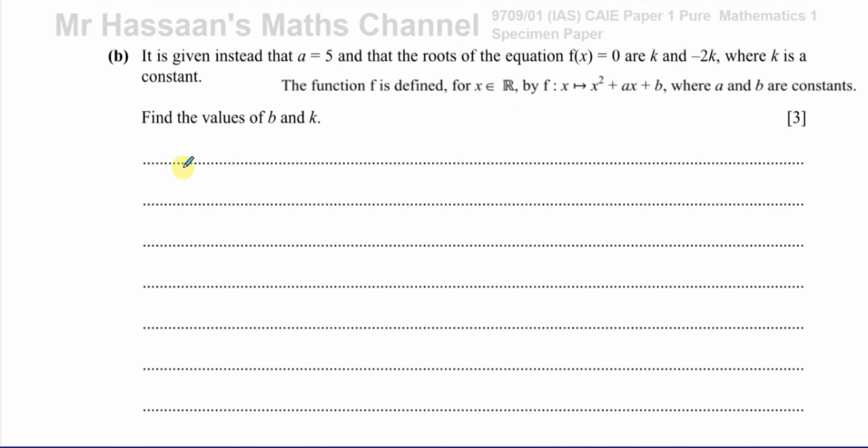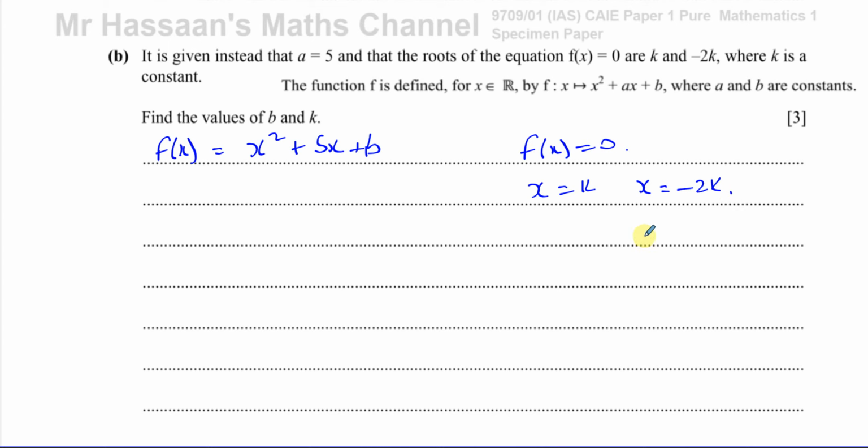So a equals 5, so f of x is now x squared plus 5x plus b. We have to find what b is, and we have further information that the roots of the equation f of x equals 0 mean that x equals k and x equals minus 2k.